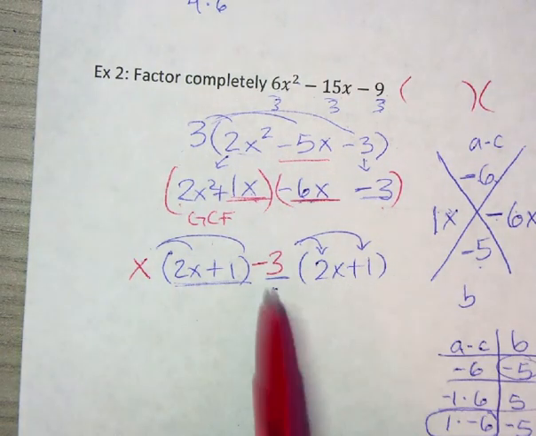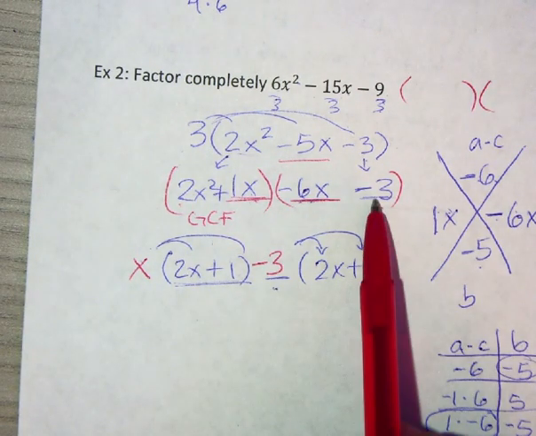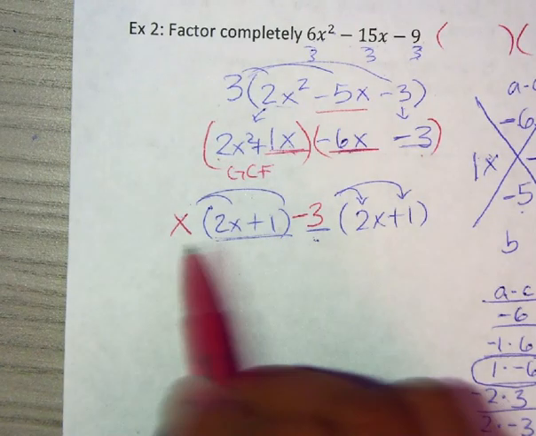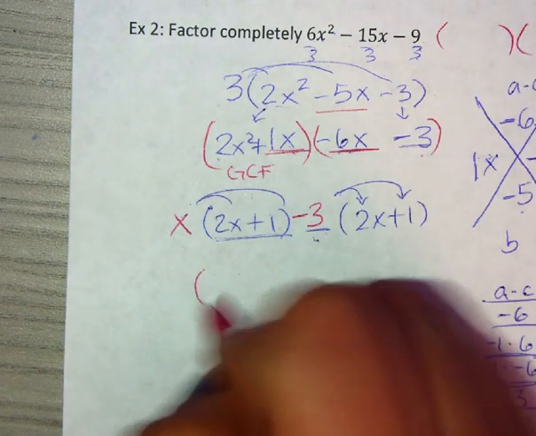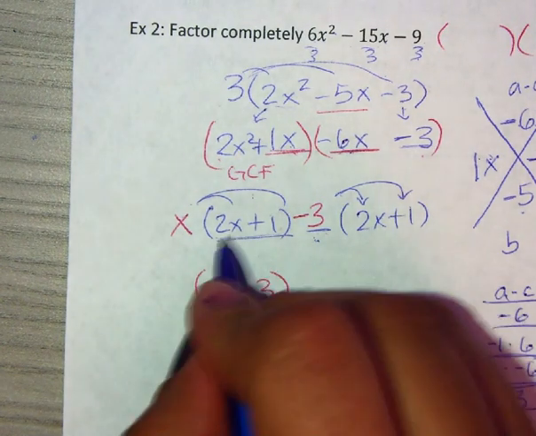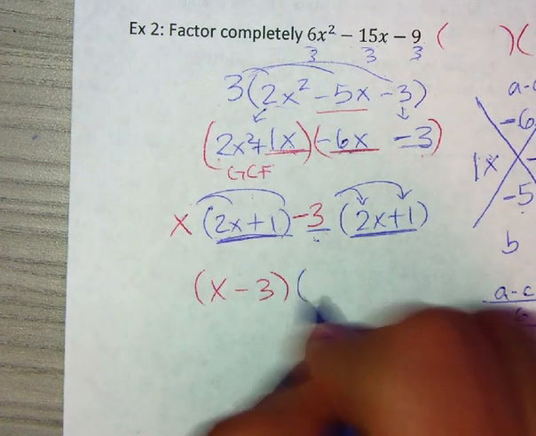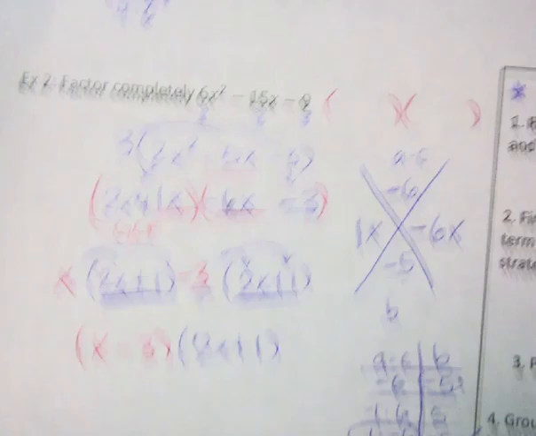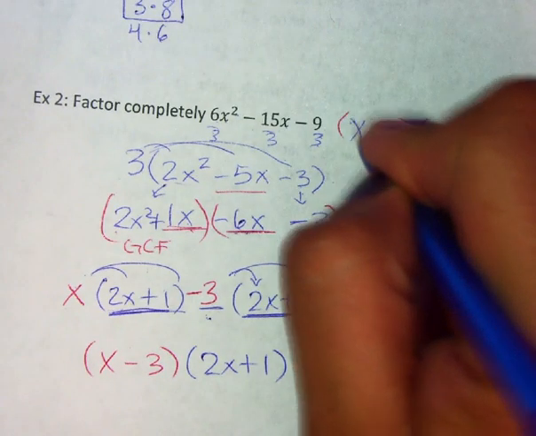And then you check if negative 3 times positive 1 gives you that answer, and it does. So these 2 that I have in red right here, those are actually a factor already. And then the one that repeats, that's the other factor. So that is how you find the factors using the grouping method.